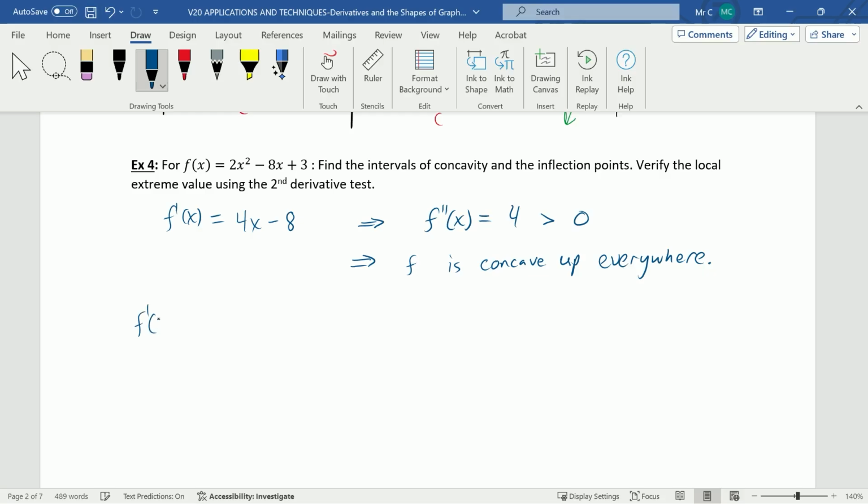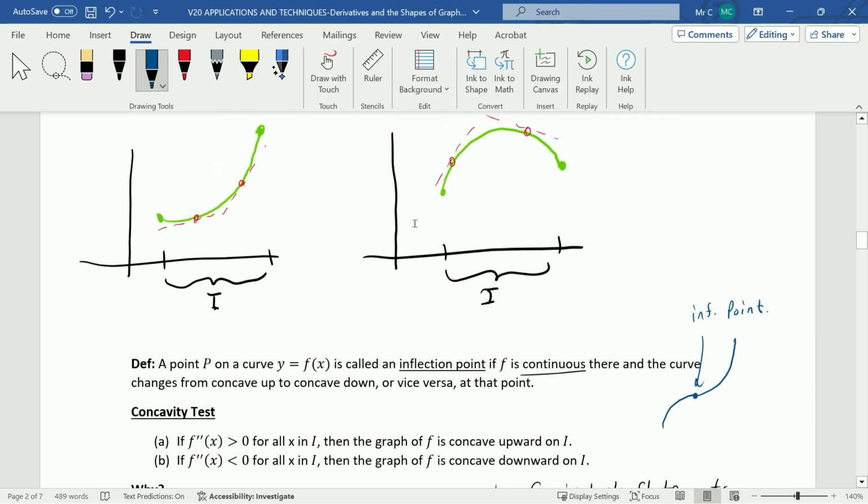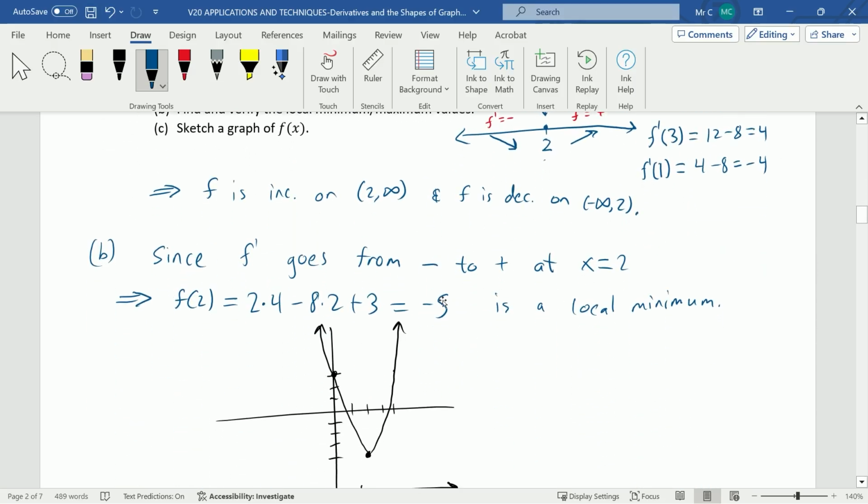Now, f prime of 2 is 0. We saw that before when we dealt with this function. And f double prime of 2 is 4, because f double prime is always 4. So f double prime is positive. So if the first derivative is 0 and the second derivative is positive, that implies that f of 2, and what was f of 2? Negative 5. I don't really feel like recomputing it, so I'm just going to check. Yeah, that was right.